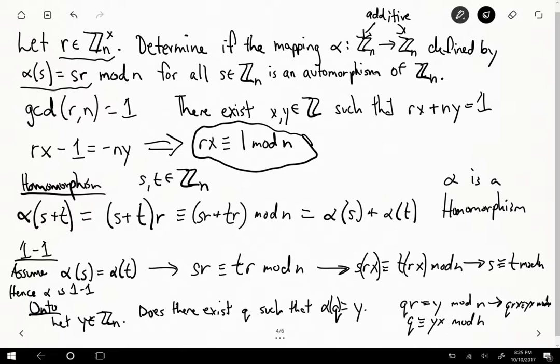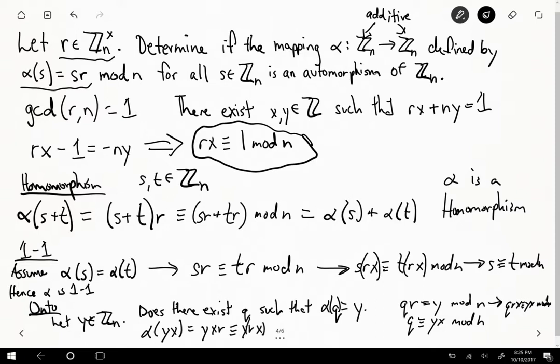Okay, why is that important? Well, I'm also going to use the fact that we have an abelian group here. So if you're actually writing this up, it'll look like magic, but we've ended up solving for it. Alpha of yx equals, notice we have yxr, which is equivalent to yrx.